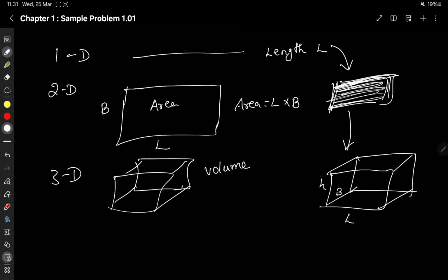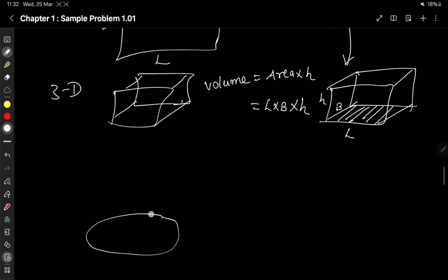In case of area, we just multiplied the 1D object's property, length, into the extra dimension length, that is L into B. Similarly, we will multiply the 2D object's property, area, into the extra dimension H. So area is length into B, a property of this 2D object, and it has an additional length H in another dimension, so that is a 3D object.